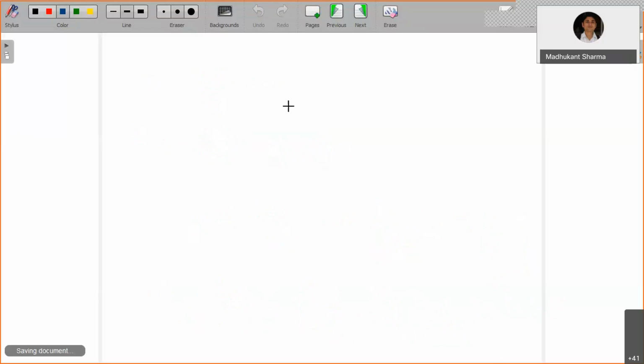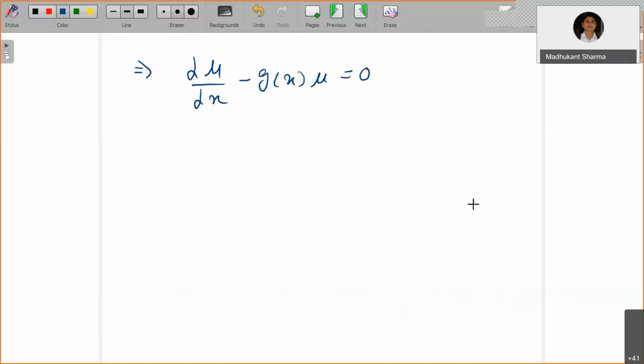Let's say this implies d mu by dx minus g of x times mu equals 0. And you know the solution of this first-order linear differential equation is mu equals e to the power integral of g of x dx, plus some arbitrary constant.